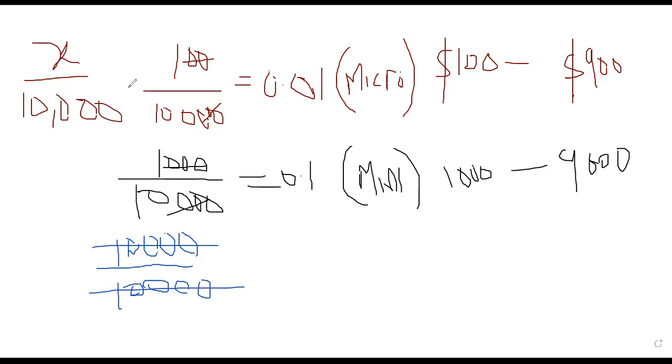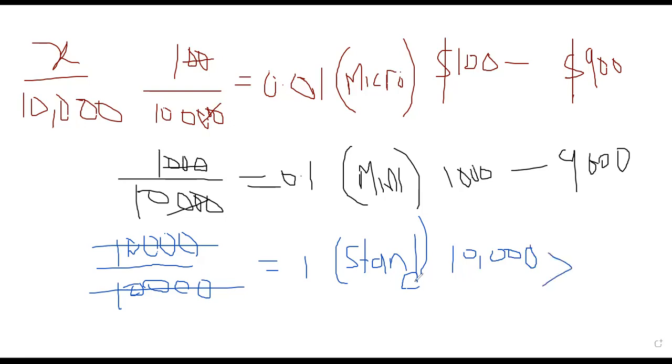So this is 1. So this is a standard lot. A standard lot ranges from $10,000 upwards.